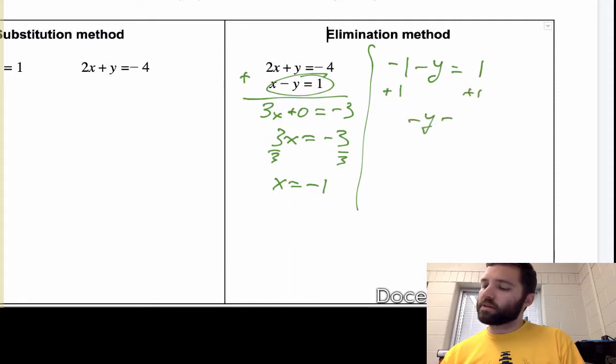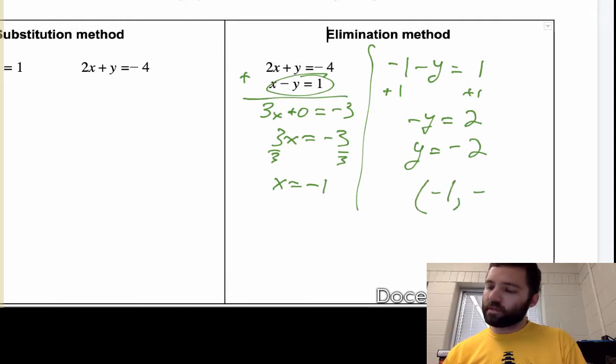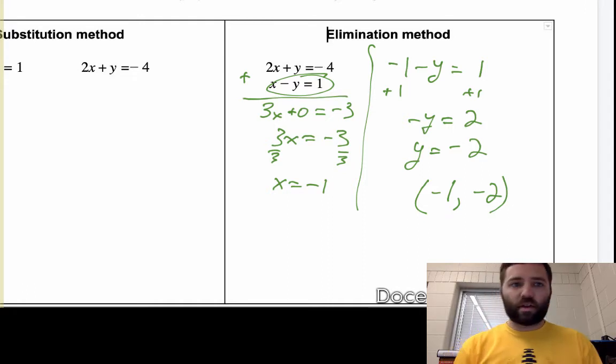I get negative y is equal to 2. Multiply both sides by negative 1, and I get y is negative 2. So I get this for my solution: negative 1, negative 2, which is what we should expect, because you might notice these problems are the same, one on the left and one on the right. So we would expect that we would get the same solution.